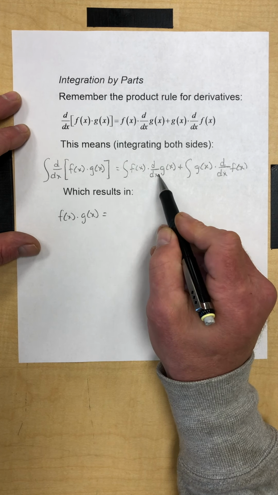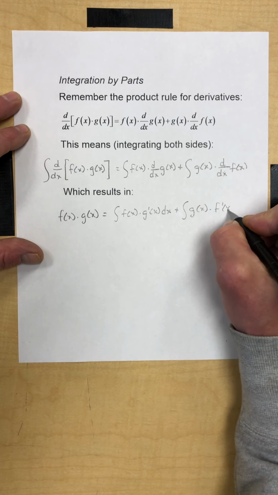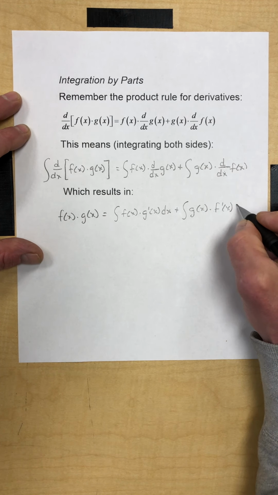So this becomes the integral of f of x times g prime of x dx. And I'll do the same thing right here. Rather than keeping it as d dx of f of x, I'll just write that as f prime of x. So we get g of x times f prime of x dx.